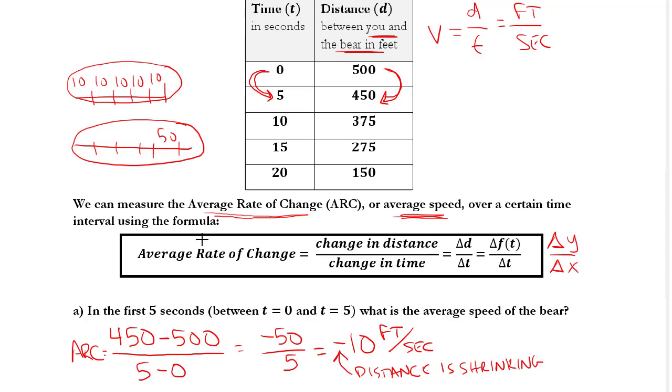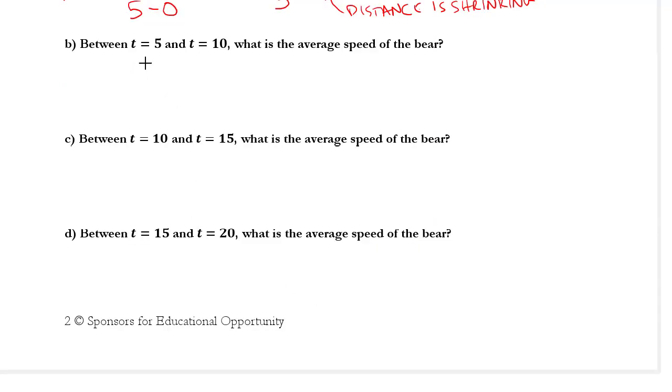Okay, let's keep going. Part B, so between time equals 5 and time equals 10, what's the average speed of the bear? So we're going to use the same sort of reasoning and formula to solve B, C, and D. And so I'm going to just speed up the video, do it a little quickly to save us all time.